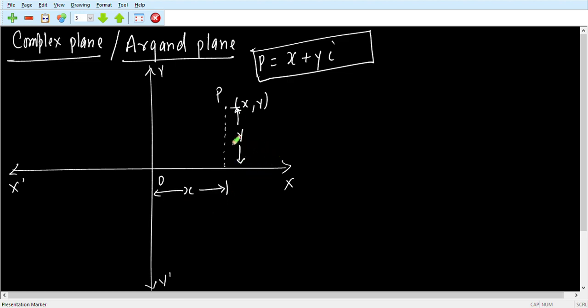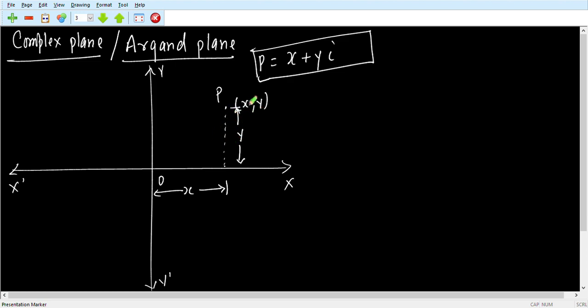This plane is called the complex plane, where we can represent a complex number. We have another way to represent a complex number on the complex plane, but we will discuss it later.